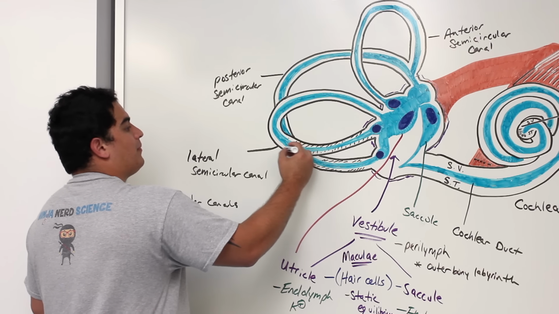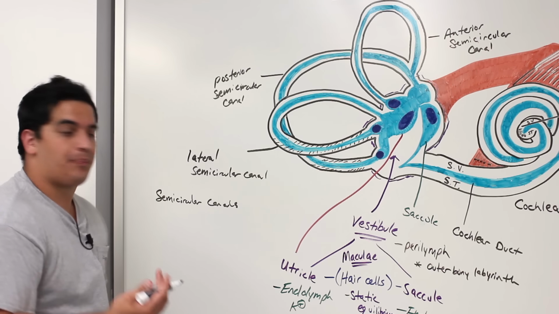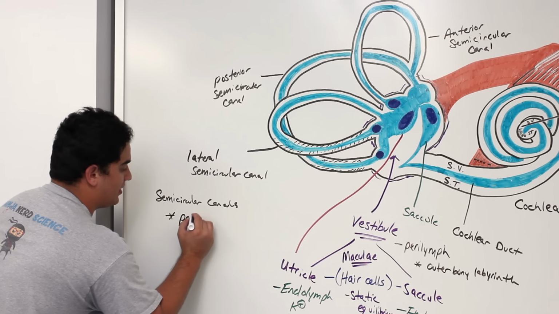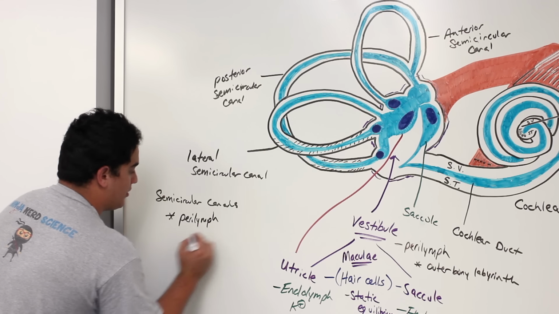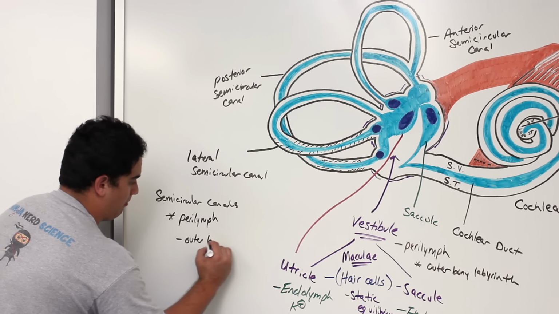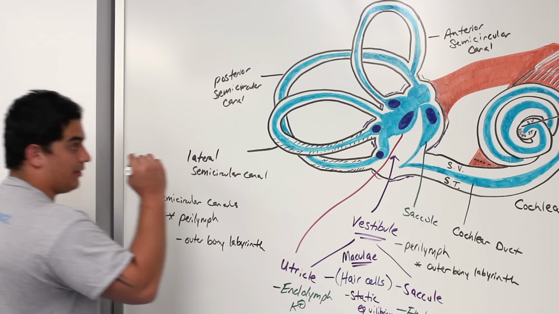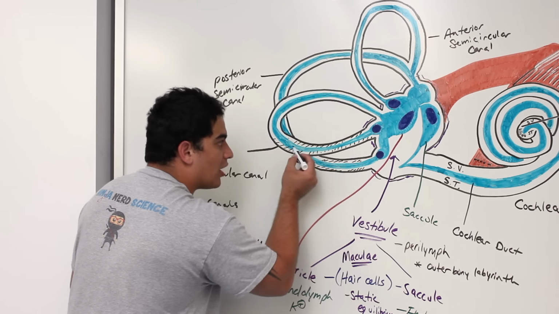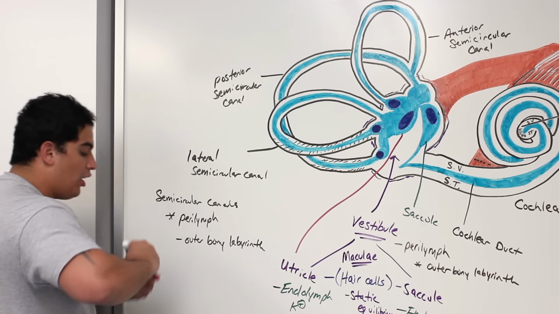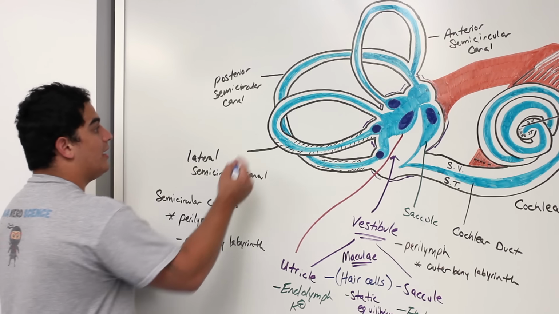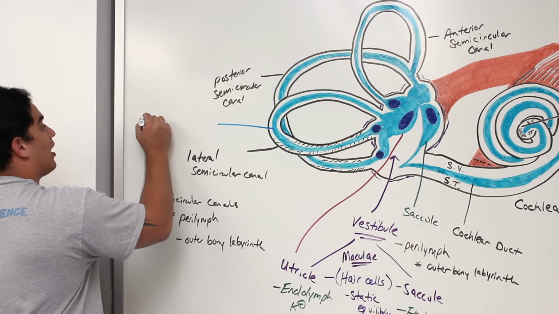Inside of it, there's this nice little blue structure. What is that blue structure called? The blue structure inside of this is called the semicircular ducts.